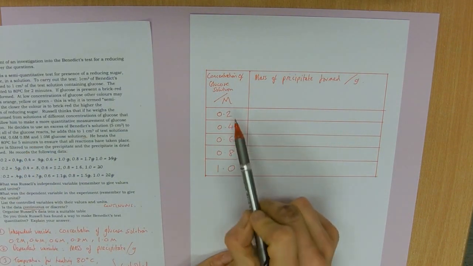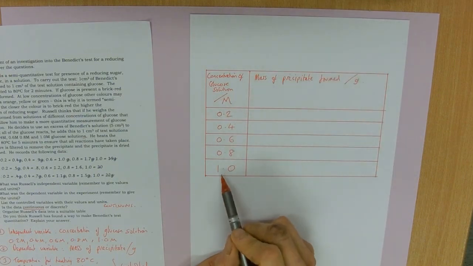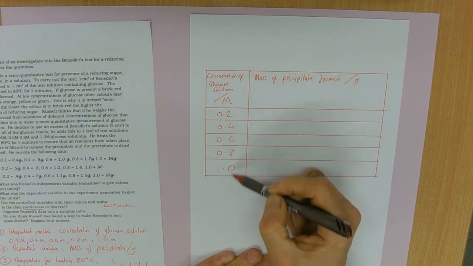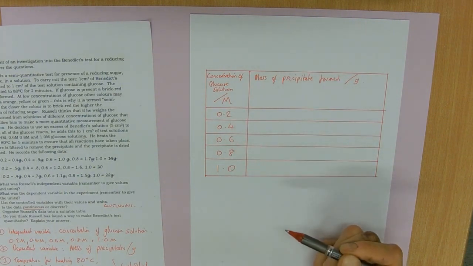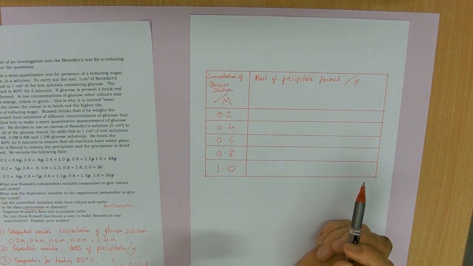A couple of things to notice here. I'm not putting the units in here because I've got them at the top. And this last one, 1.0, I'm using the same level of precision as with the other ones. I'm not just going to leave that as 1.